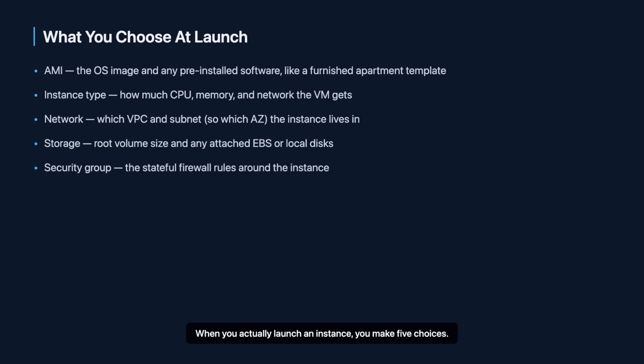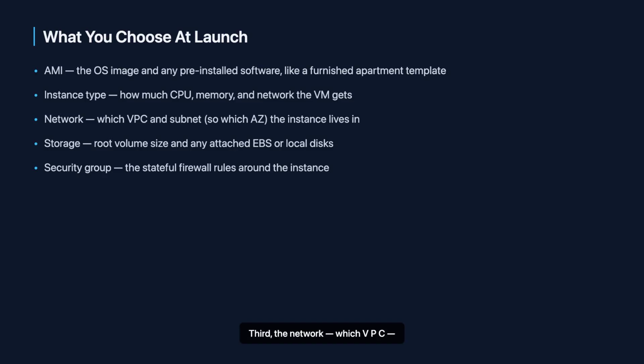When you actually launch an instance, you make 5 choices. First, the AMI, the Amazon Machine Image, which is the operating system template and any pre-installed software. Think of it as picking a furnished or unfurnished apartment. Second, the instance type, how much CPU, memory, and network bandwidth the VM gets, and that's the family decision we're about to dig into.